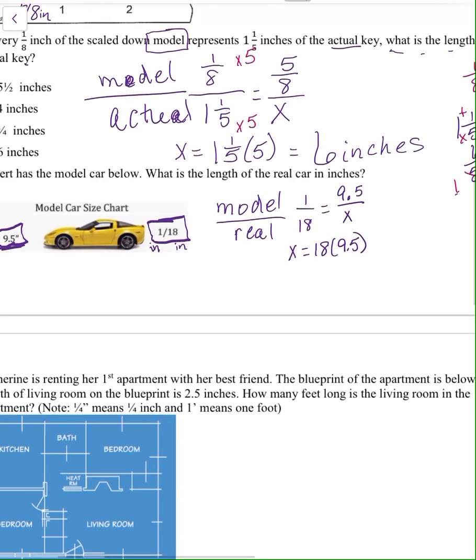All right, so go ahead and multiply that real quick. I bet I can beat you. How fast are you at multiplying? Don't forget to move your decimal.